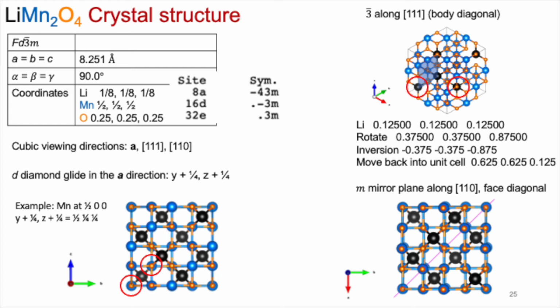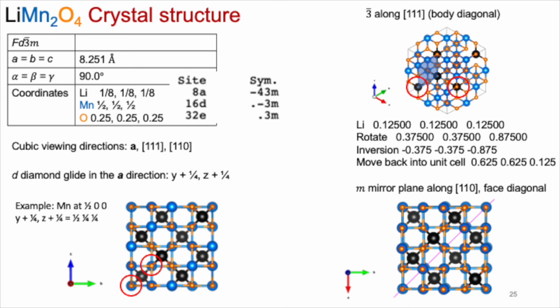So if I pick lithium at 1/8, 1/8, 1/8, I rotate by 120 degrees, so the 3, and I invert. I get to this set of coordinates, and then the bar 3, that's inversion, so I put a negative in front of everything.